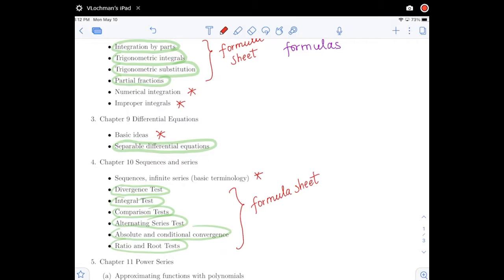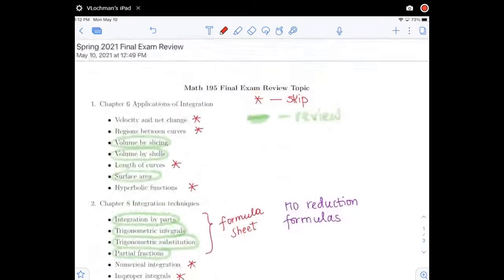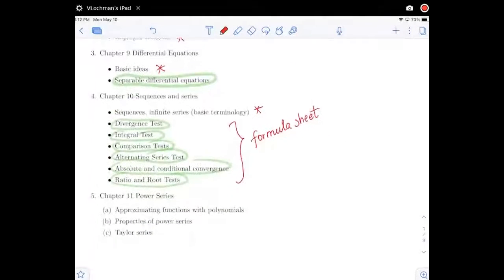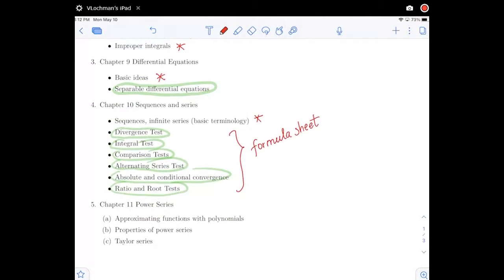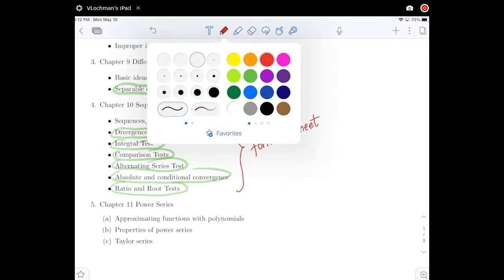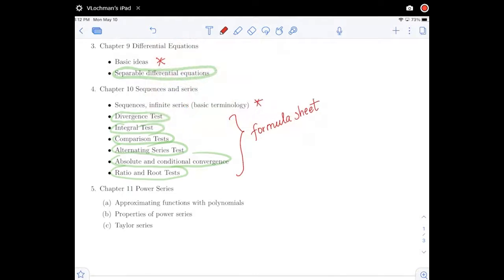Okay, so sequences and series, let me just review this real quick. I'm thinking 2 to 3 problems from here. One of them will say decide by the method of your choice, however you want to do it, if this series converges. So then it is really up to you how you're going to solve that problem. And then power series, chapter 11, you can skip the first section.